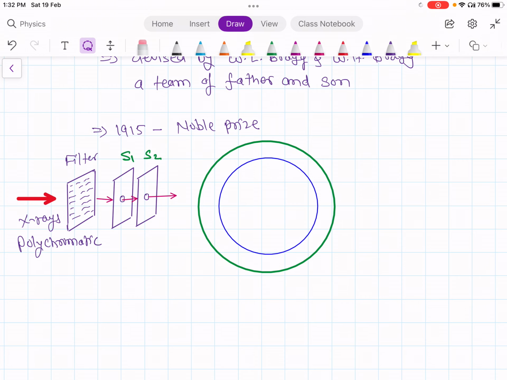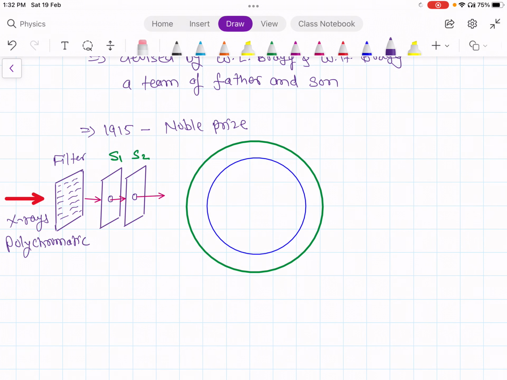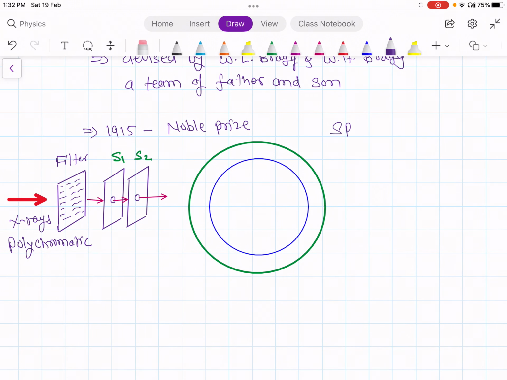So this is the round table. The Bragg spectrometer, let me write that over here, consists of a round table. We are calling it a turntable.